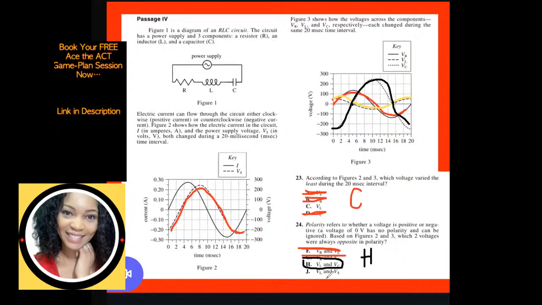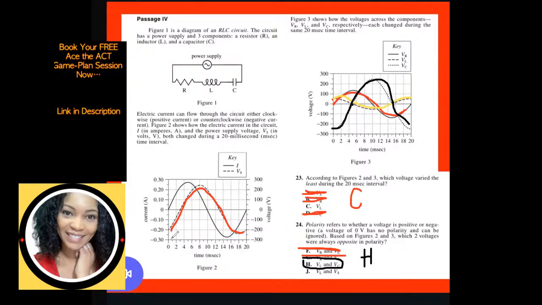Here we're comparing V sub L and V sub S. V sub L was the yellow one. V sub S is over here. So I got 2 different figures. So I'm going to pick a point in time so you'll know. At time 0, this one is negative, right? At time 0, this one is positive. That's good.